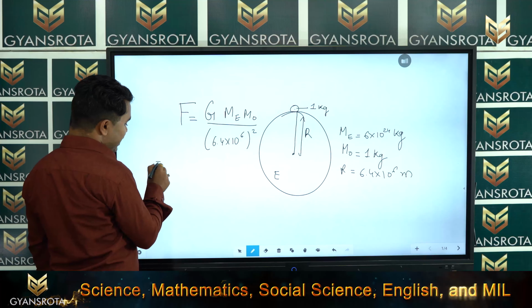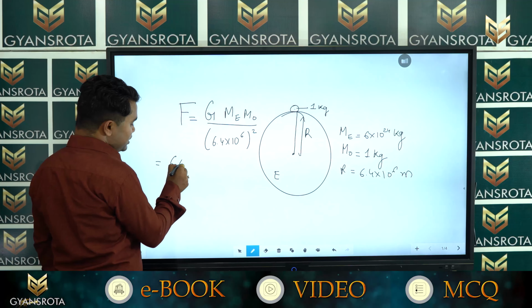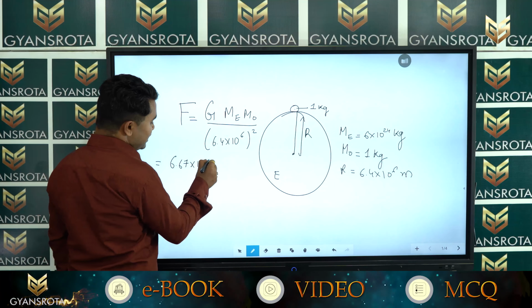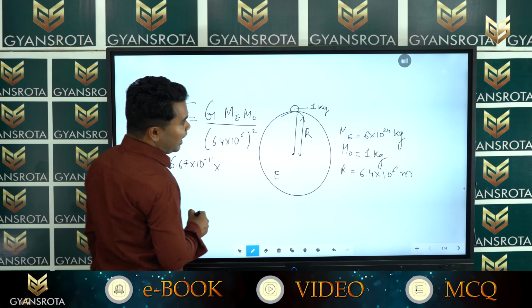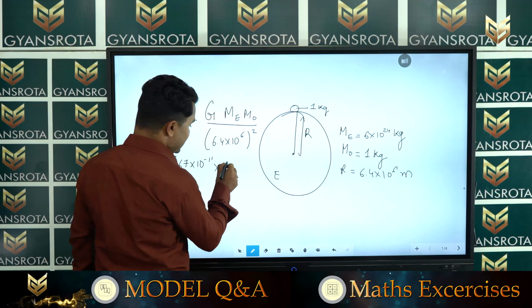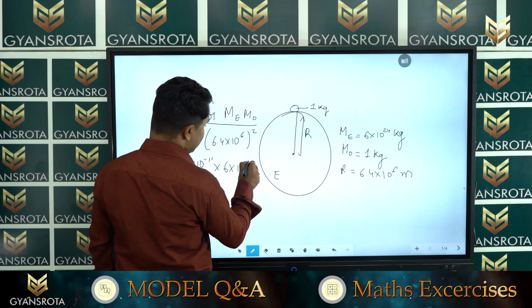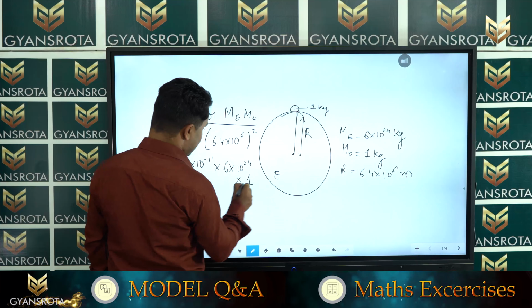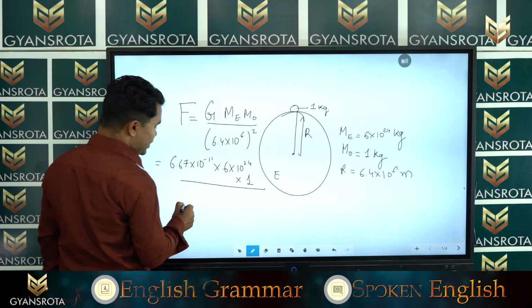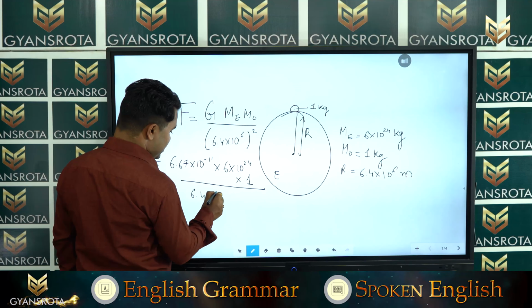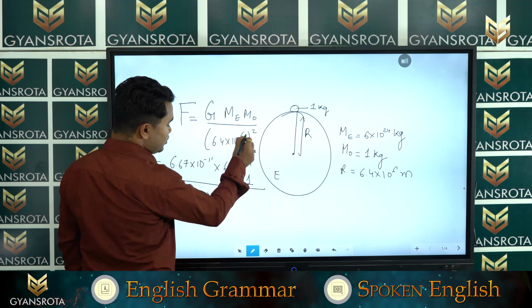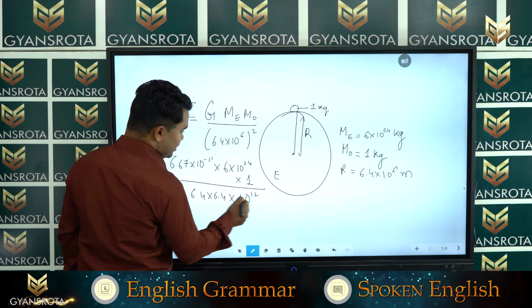G is the gravitational constant, given by 6.67 into 10 to the power minus 11, into the mass of the earth, 6 into 10 to the power 24, and the mass of the object is 1. If you calculate this, it will be 6.4 into 6.4 into 10 to the power 12, right?